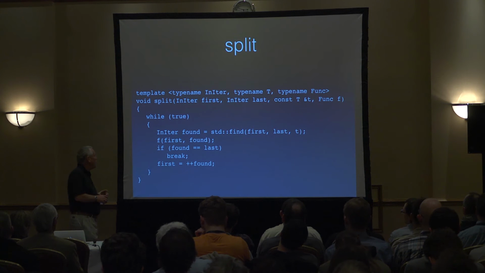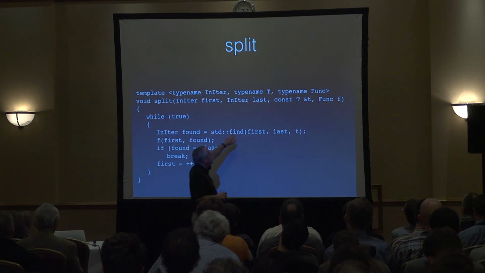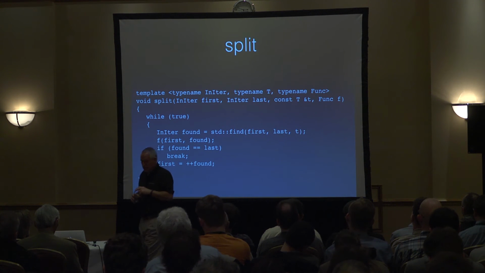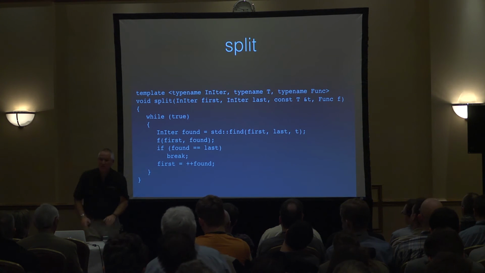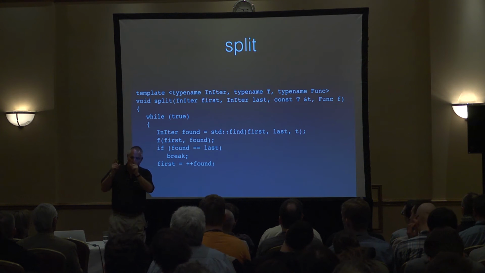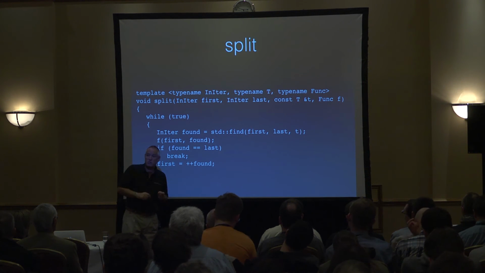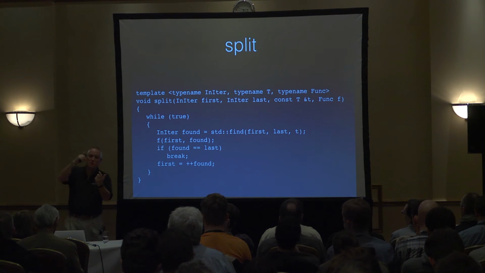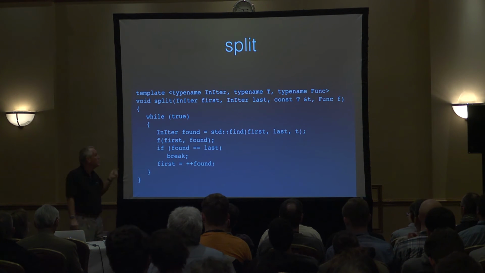You could take a sequence here, and actually the Boost string algorithm library does that, and then you could give a sequence there that says, I want to split on any of these values. So I have a string and I want to split them on single quotes or commas or tabs, say.